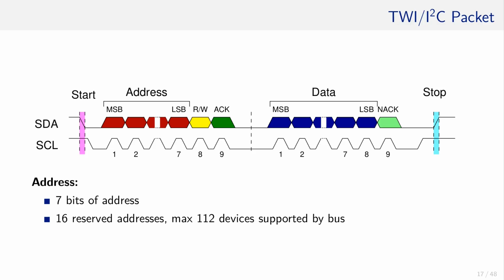Addresses can exist only once in the bus, but do not need to be unique if the devices are on separated buses. Out of 128 possible addresses supported by 7 bits, 16 are reserved and cannot be used. One of the purposes of the reserved addresses we will see in a minute or two.